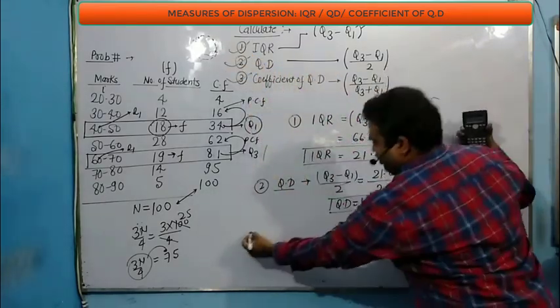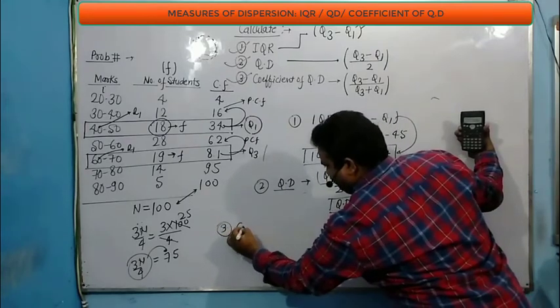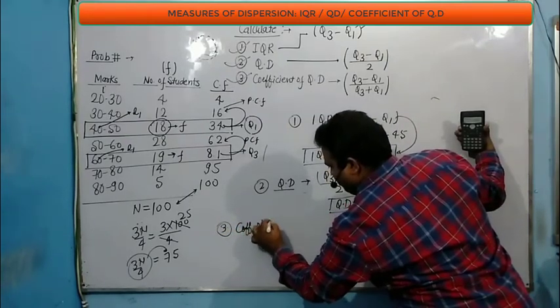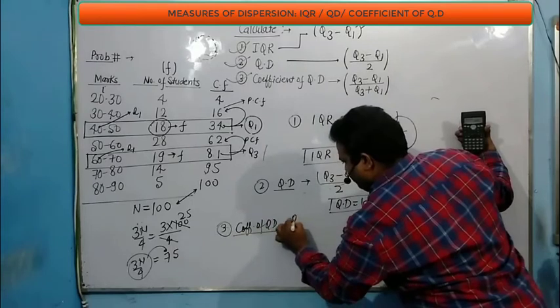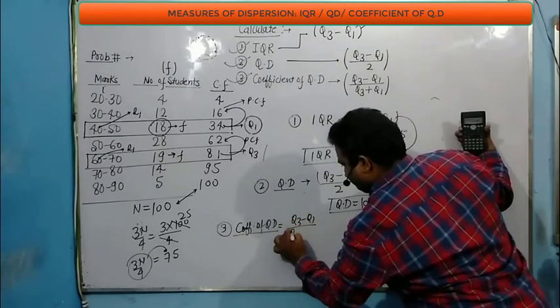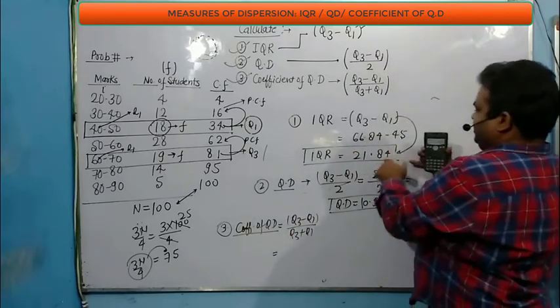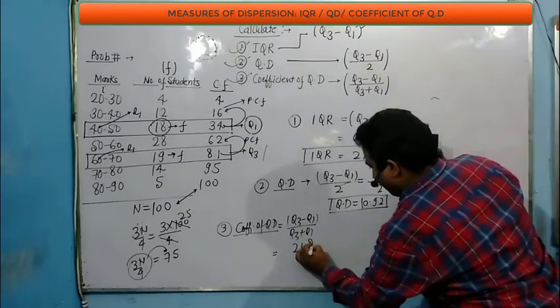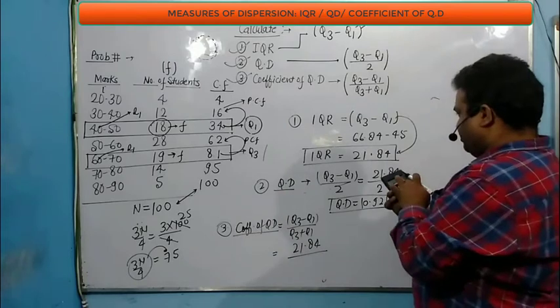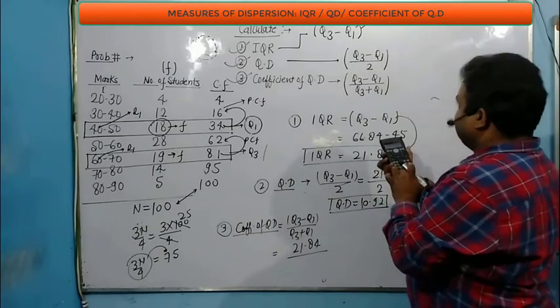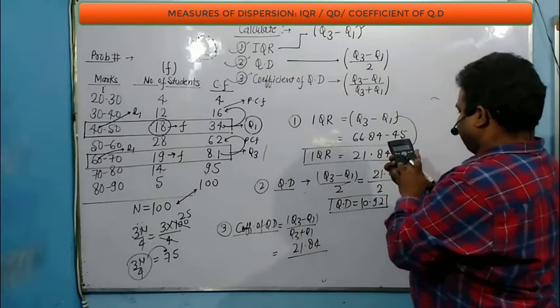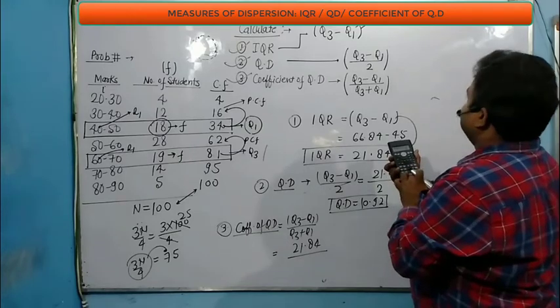Now this is also you calculate. Third, coefficient of quartile deviation. Coefficient of quartile deviation is equal to what? Q3 minus Q1 divided by Q3 plus Q1. So Q3 minus Q1 you already calculated. This is 21.84. What is Q3 plus Q1? So Q3 is 66.84 plus 45.